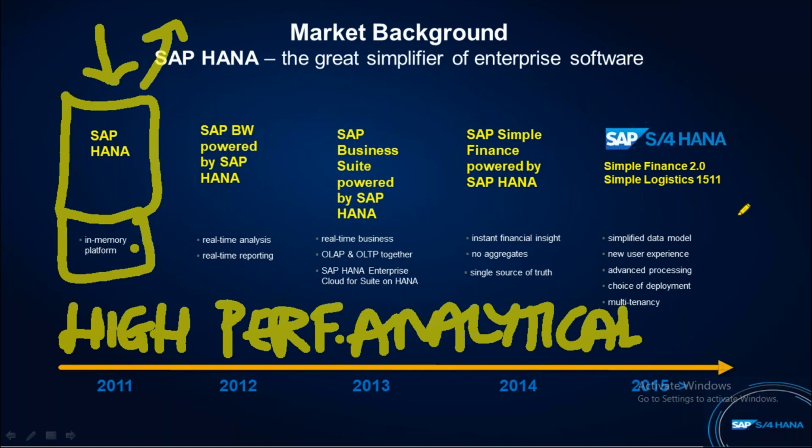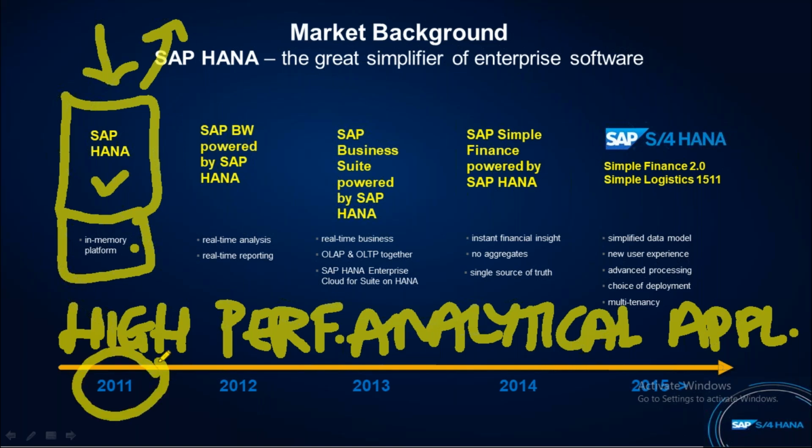So high performance analytical appliance, which means that you have a server, a physical box, which is a physical database of the SAP HANA. So High Performance Analytical Appliance is the new solution from SAP built in 2011.